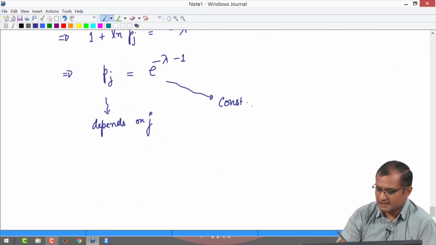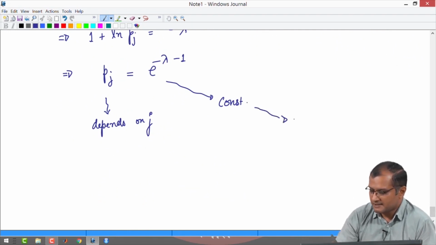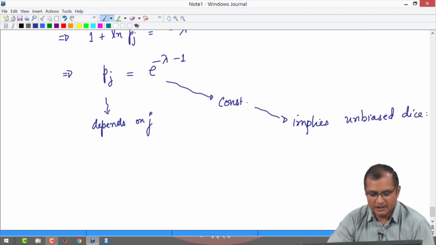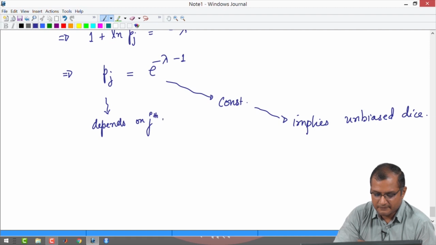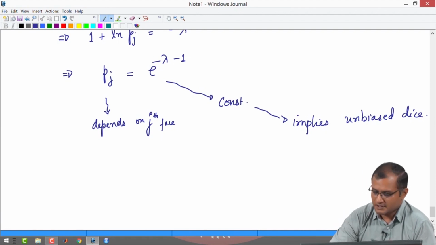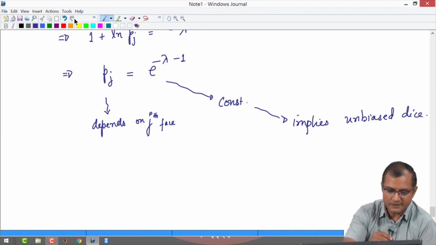The dice is basically an unbiased dice, each face has equal probability. So, the probability of the jth face comes out to be a constant. You pick up any j, first face, second face, third face, fourth face, tth face, they are all the same, e raised to minus lambda minus 1. Lambda is a constant, so the probability of any face is a constant. So, this is an unbiased die. That is an important result.